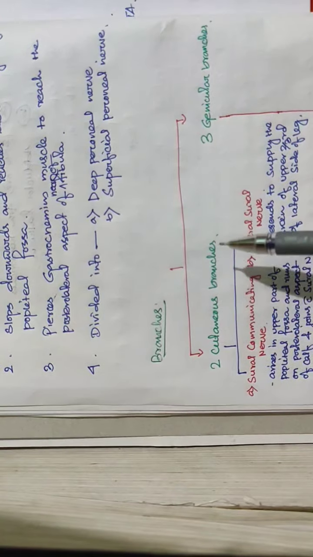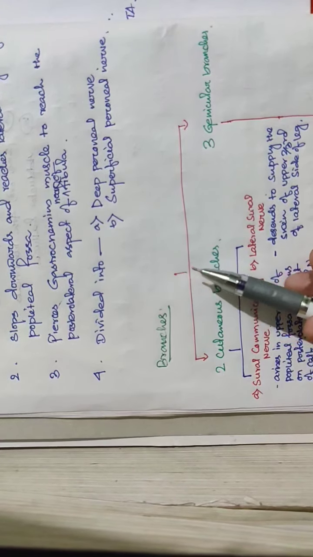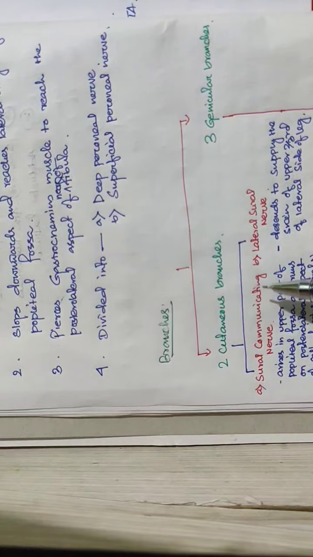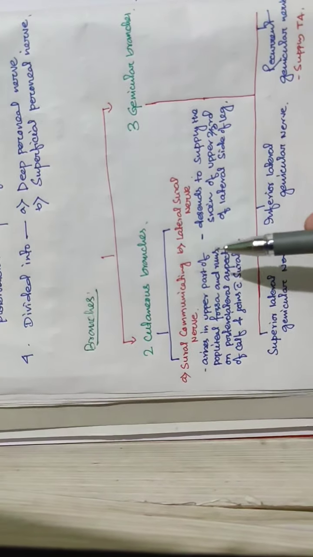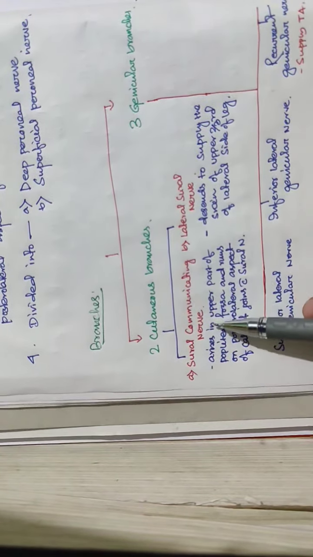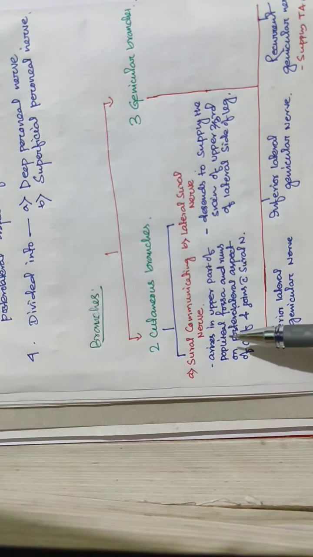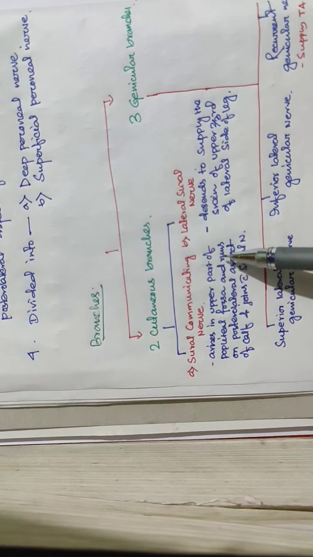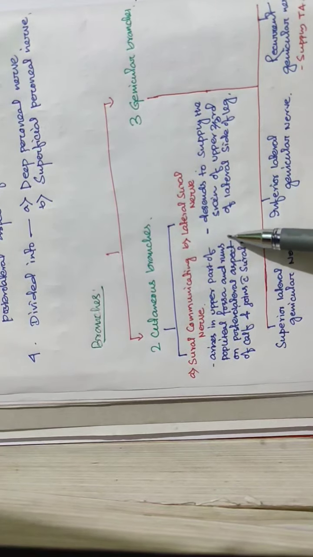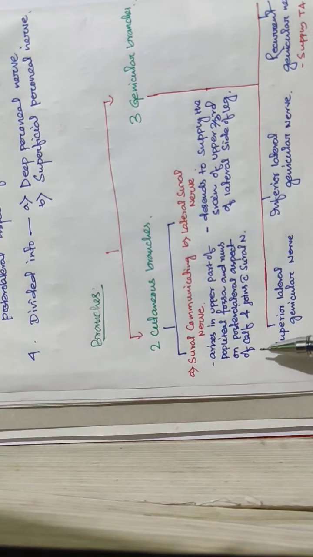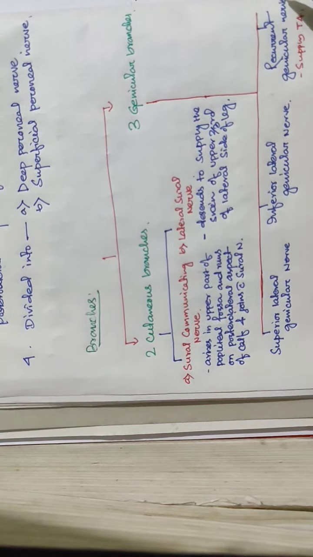And the branches of the common peroneal nerve: there are two cutaneous branches and three genicular branches. Two cutaneous branches, one is the sural communicating nerve, another is the lateral sural nerve. The sural communicating nerve arises in the upper part of the popliteal fossa and runs on the posterolateral aspect of the calf and joins with the sural nerve.